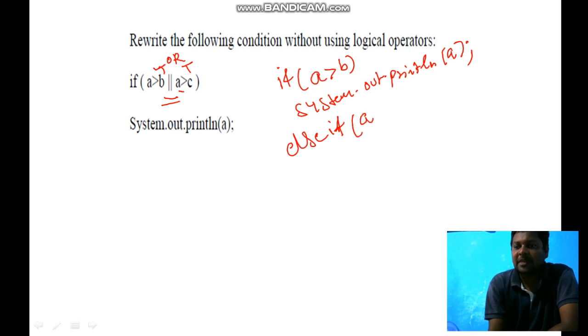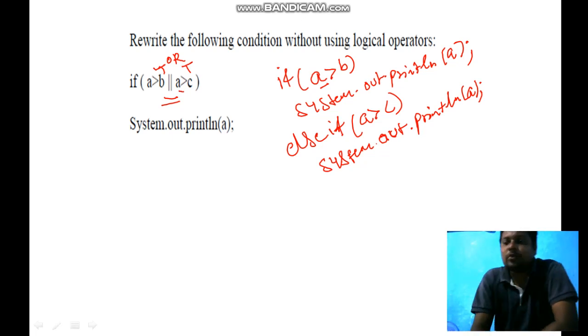So a greater than c. Else if this condition is true, we are printing System.out.println(a). So now we have written the condition without using any logical operator.